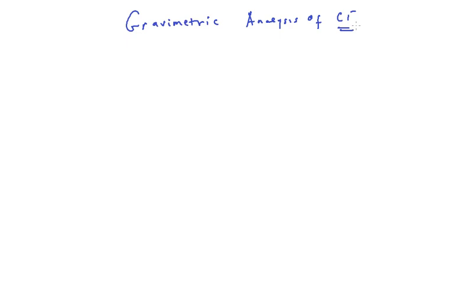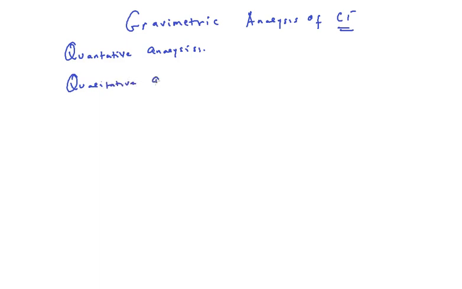So first of all, to make it clear, this is one part of quantitative analysis. Remember, in chemistry, two main types of analysis that we do are quantitative versus qualitative analysis.